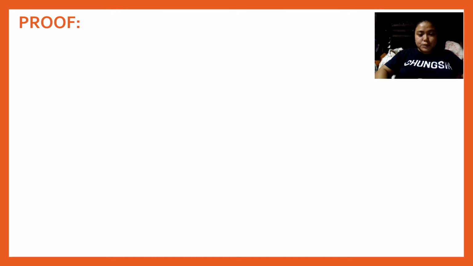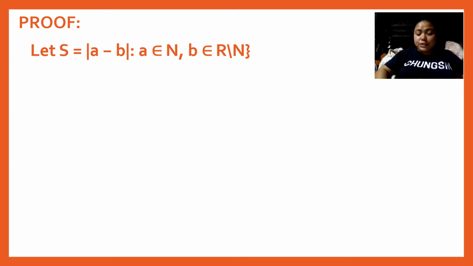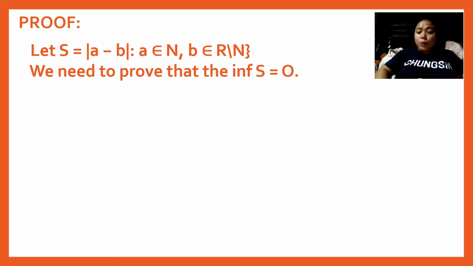Now, let's prove it. Let S equal the absolute difference of a and b, such that a is an element of N and b is an element of R minus N. We need to prove that the infimum of S is equal to 0.